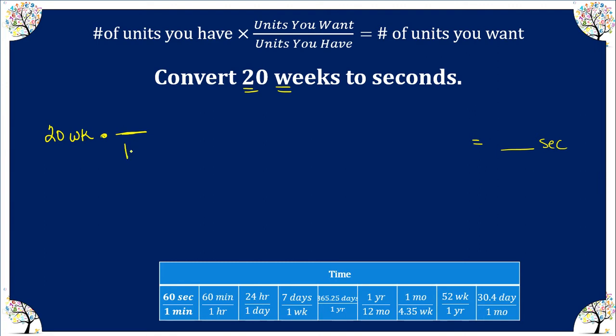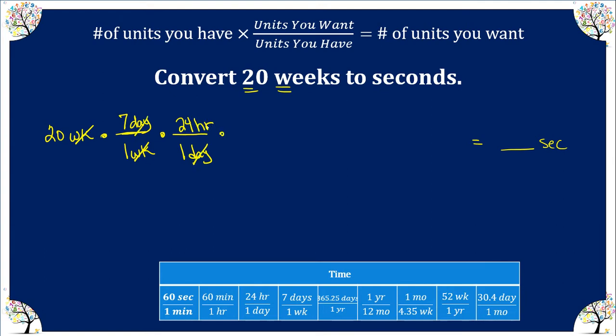So I know 1 week is the same as 7 days. So now I can mark out the unit of weeks. Then I'm going to mosey on down, and I'm getting smaller and smaller. And so 7 days, so I'm going to put 1 day in the denominator. 1 day is the same as 24 hours. So I can mark out the unit day.